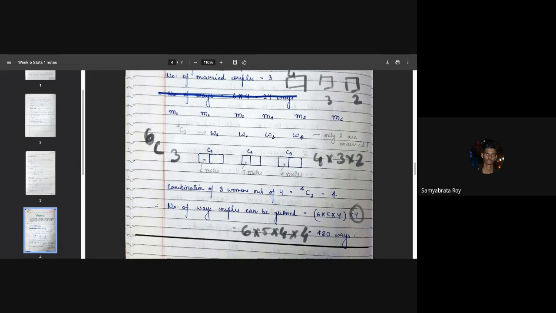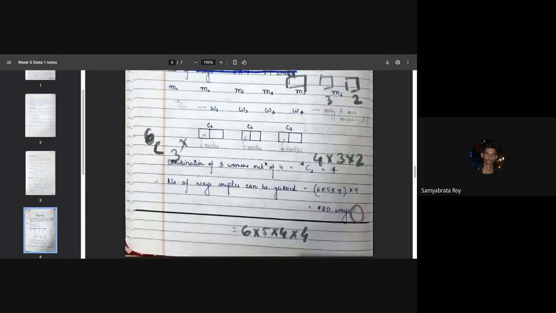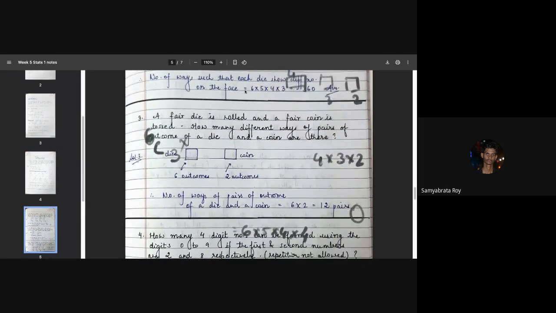This will consume more computational power for you to find the combination. That's why I went for the easier process. Cool. Okay, let's solve another problem then.